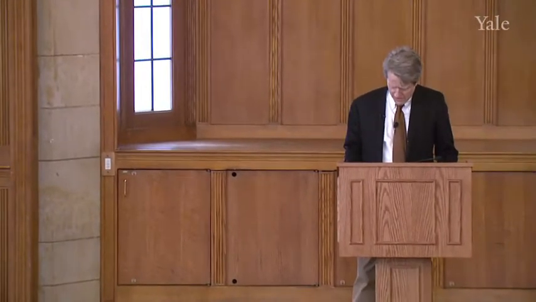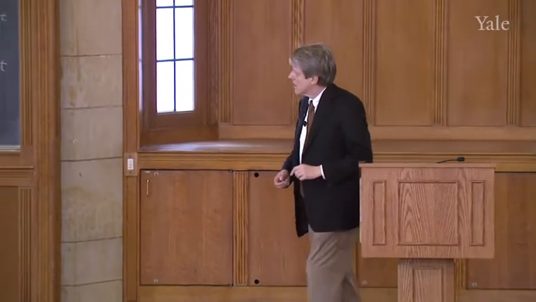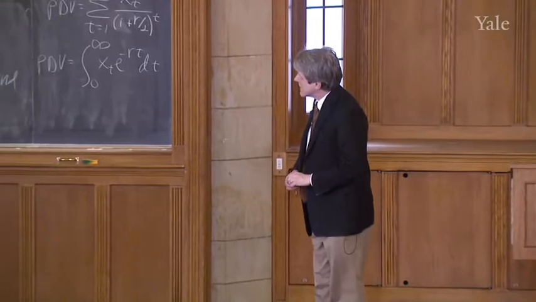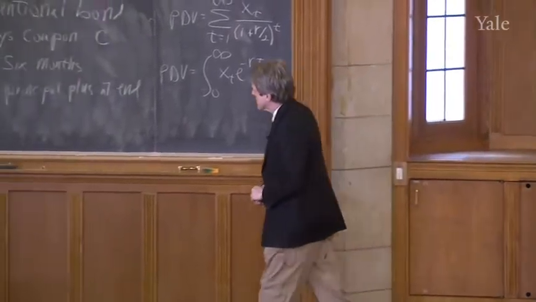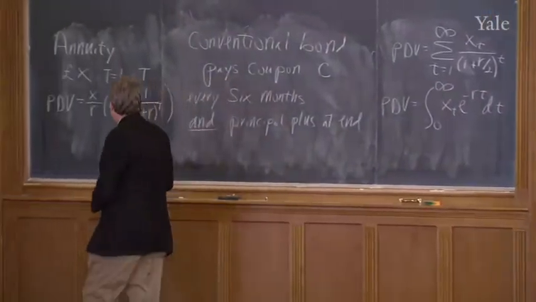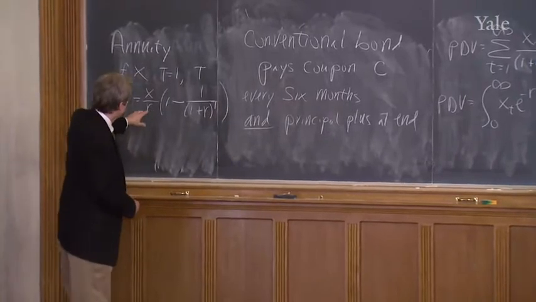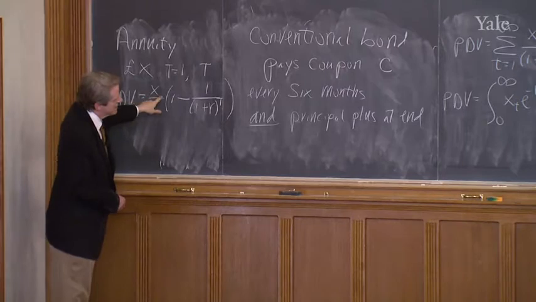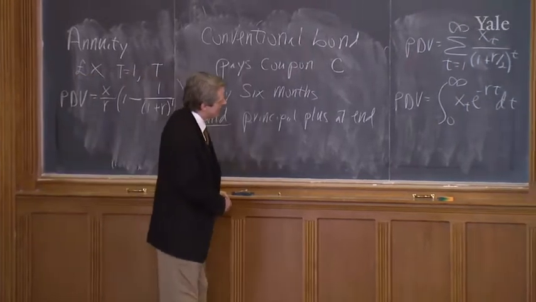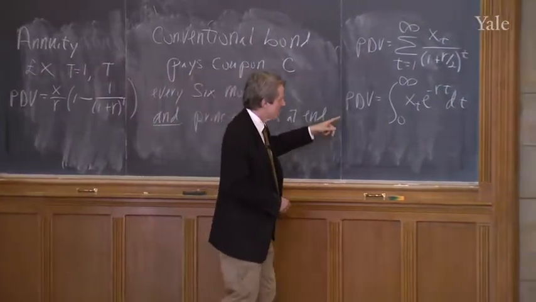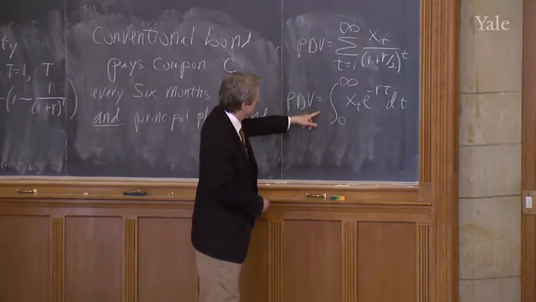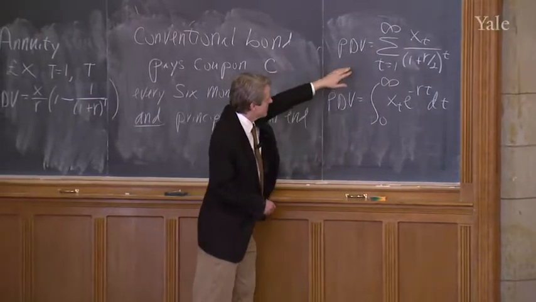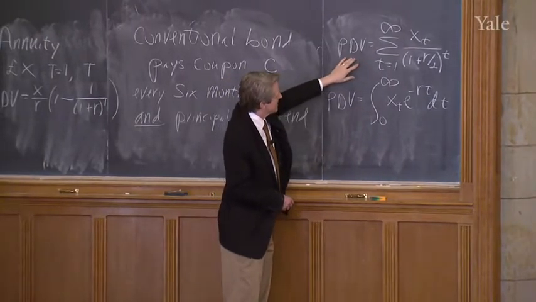And so the present discounted value for the conventional bond would be the sum of the present discounted value using the annuity formula for x equals C, plus the present discounted value of the principal, which is given by, well, it would be this one where we have r over 2 because it's every 6 months.